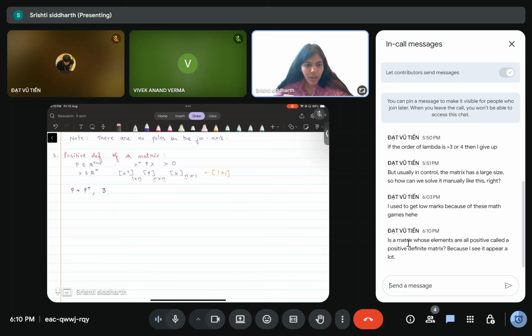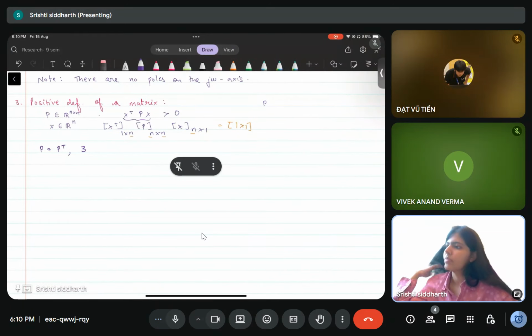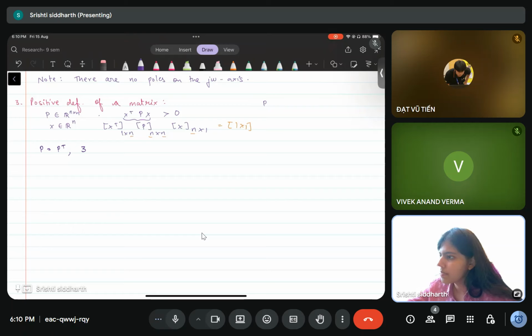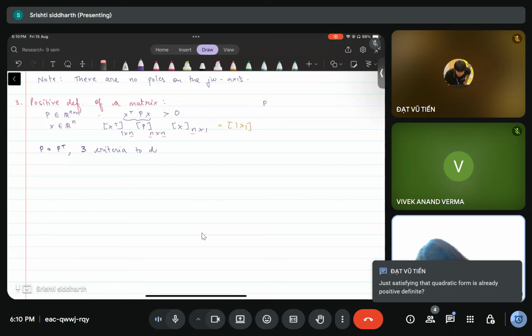But there could be a larger class of matrices, because we could have some negative elements, but this expression should be positive, and that should be true for all vectors x. Alright, let's see them first.